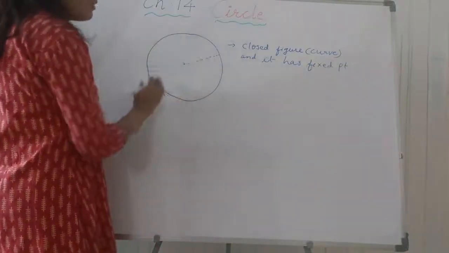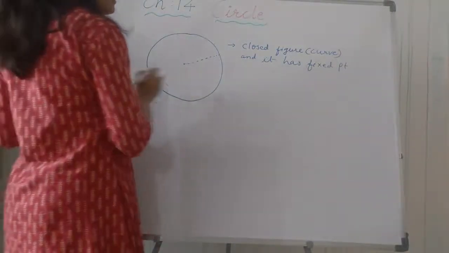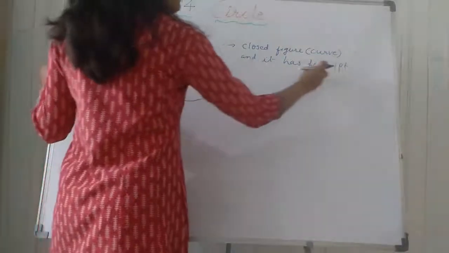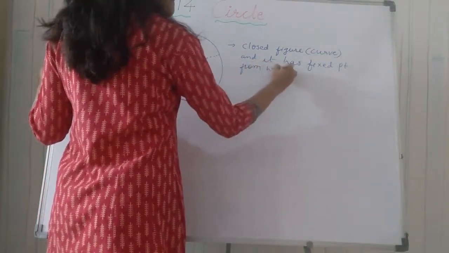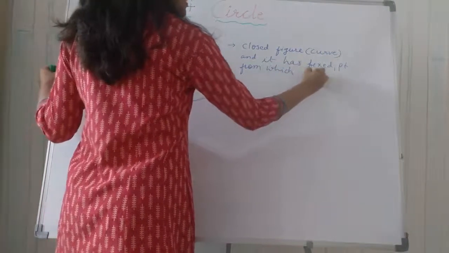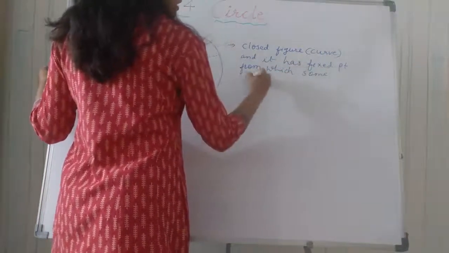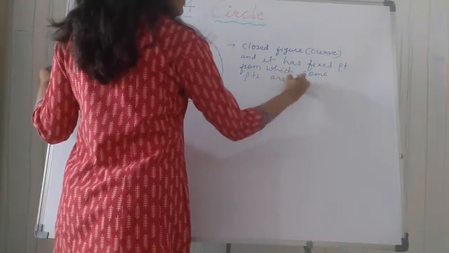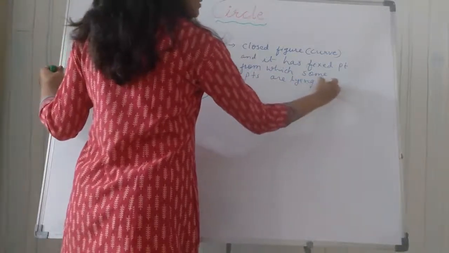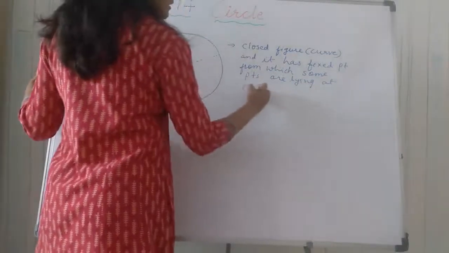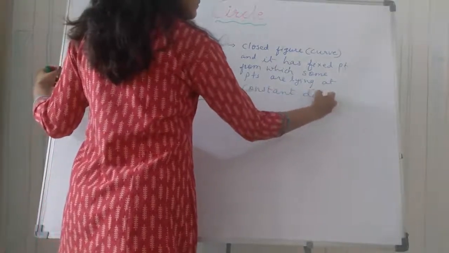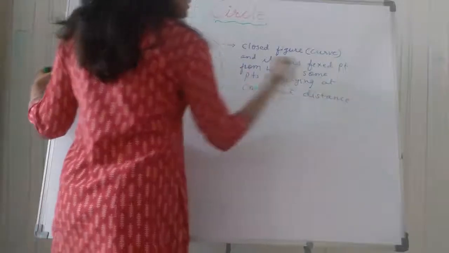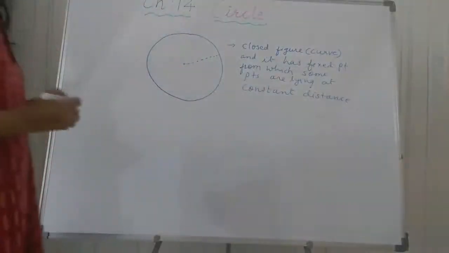So this forms a circle here. It has a fixed point from which some points are lying at a constant distance. So this is what we define as the circle.